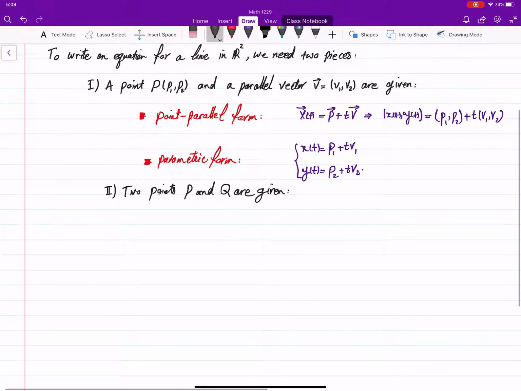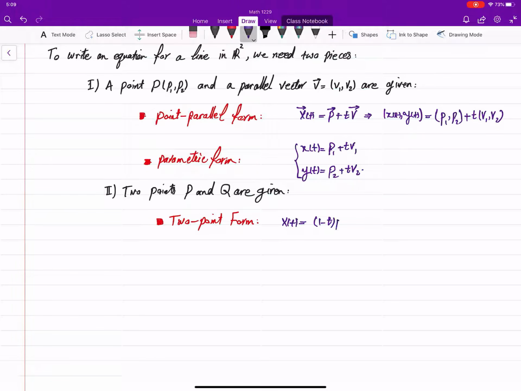In that case, the form we had for the lines was called two-point form. And how was it? x(t) in that case is equal to (1 minus t) times p plus t times q.